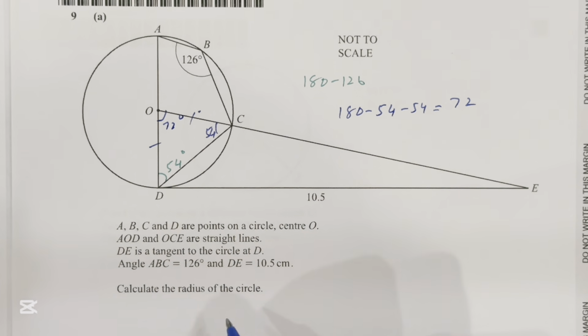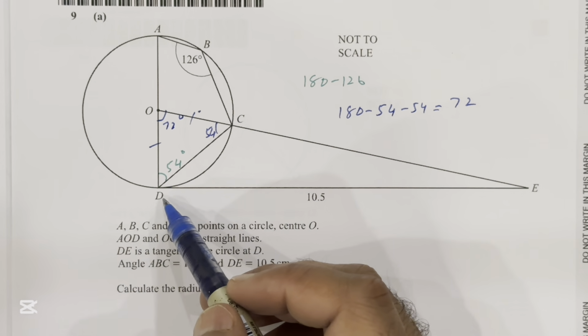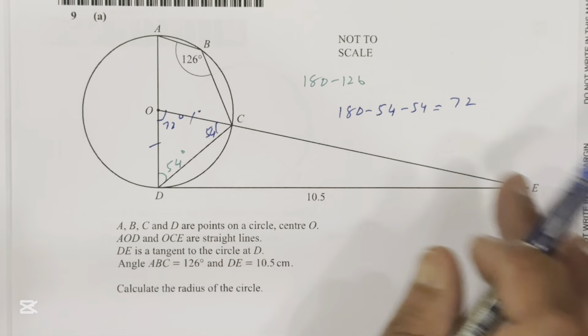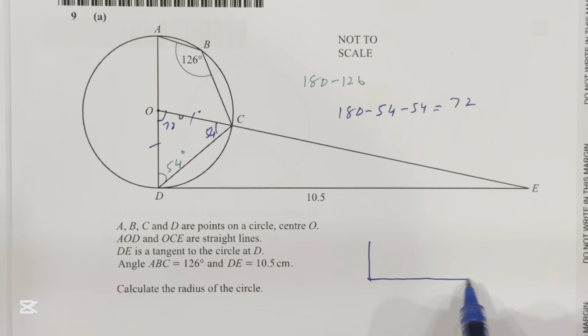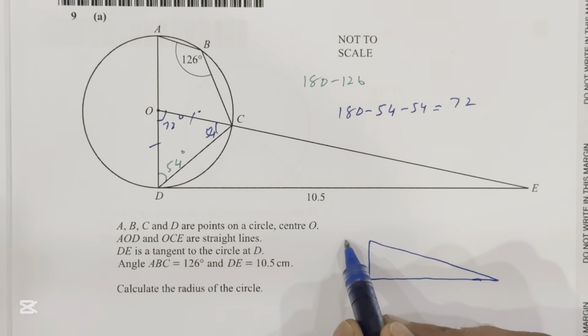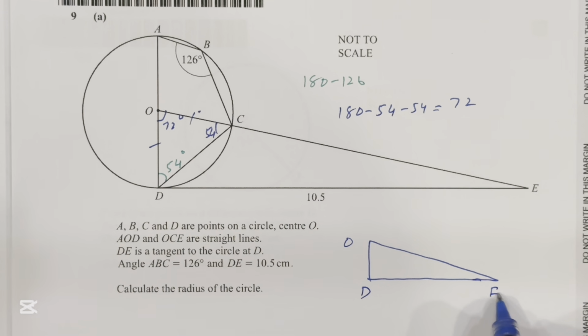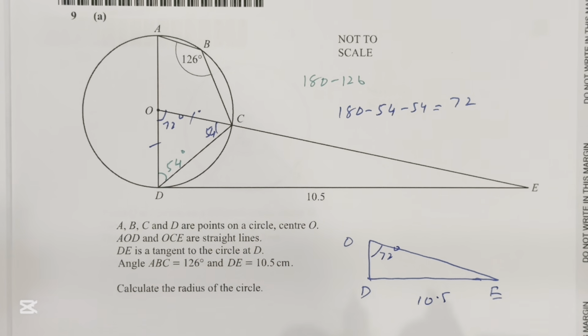Now we just need to calculate the radius that is equal to OD. You can solve this by drawing this triangle ODE. If I draw this triangle ODE, this is 72 degree, this is 10.5 given in the question. Okay, now you can apply tangent 72.